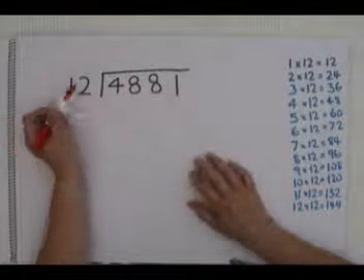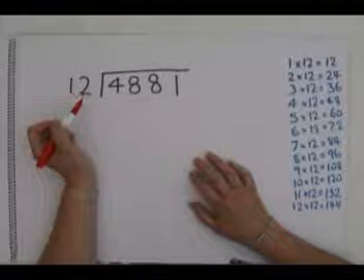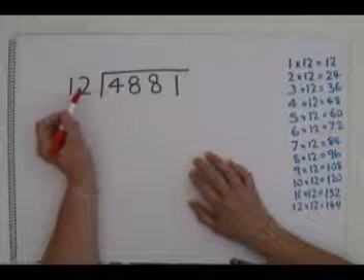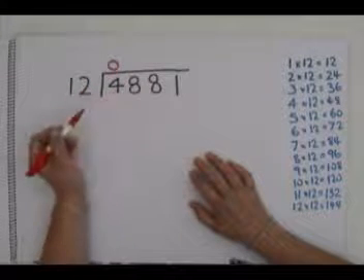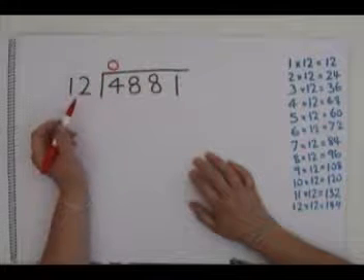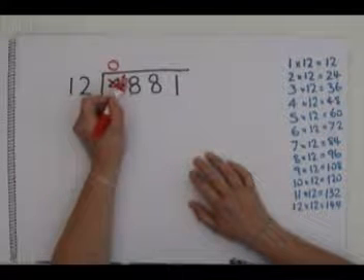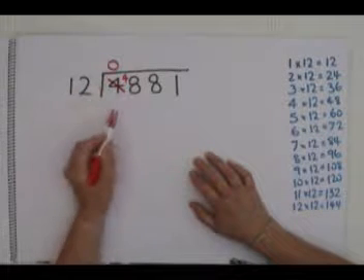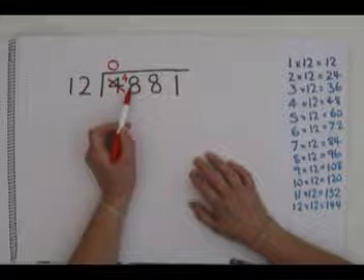To start the sum, we're going to say 12 fits into 4 how many times? As 4 is smaller than 12, it doesn't fit into it at all. So we can write a 0 up here. We're then going to cross out the 4 and carry it over to the next column. And we will say how many times does 12 fit into 48?